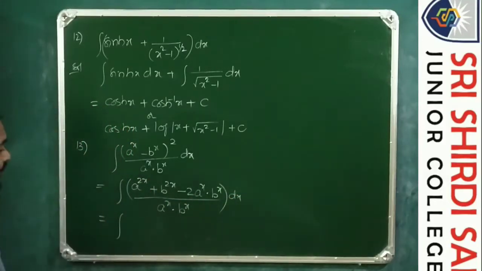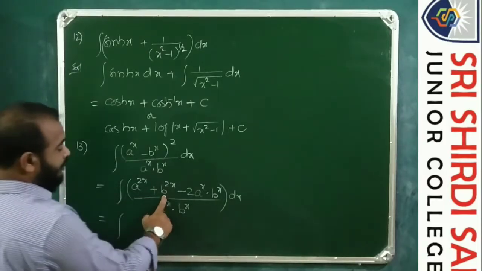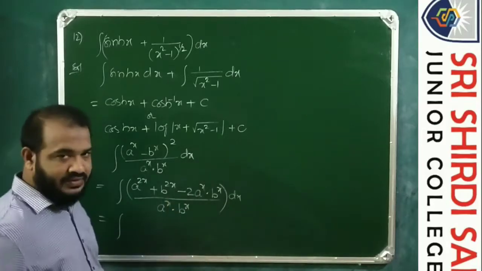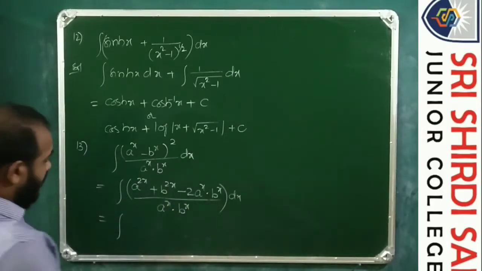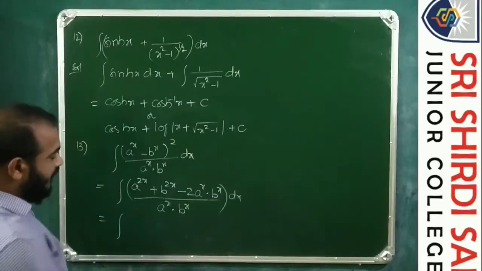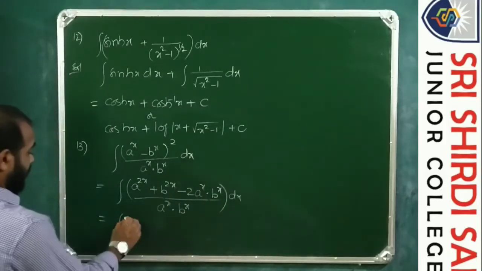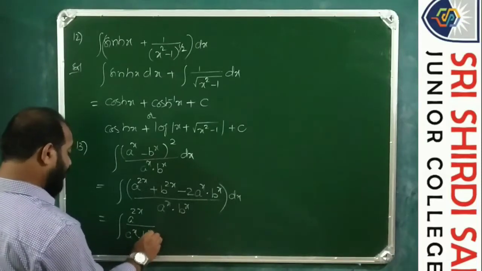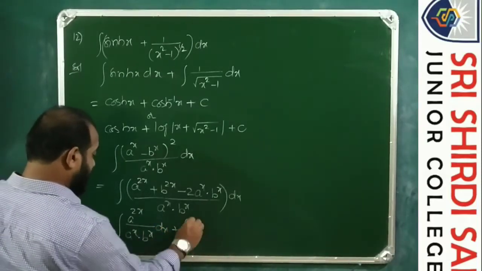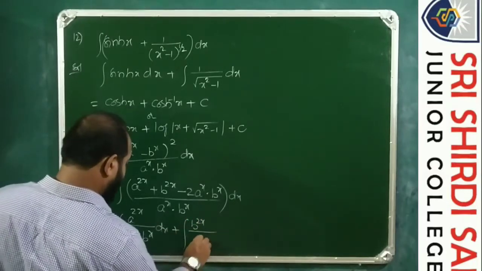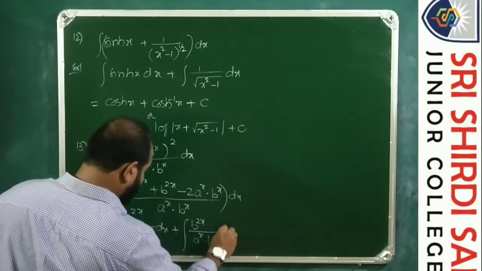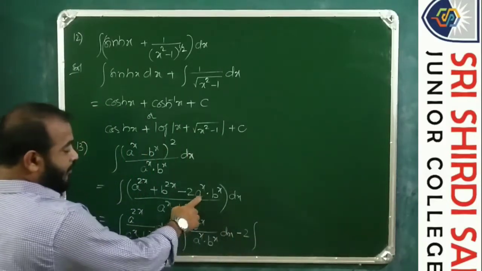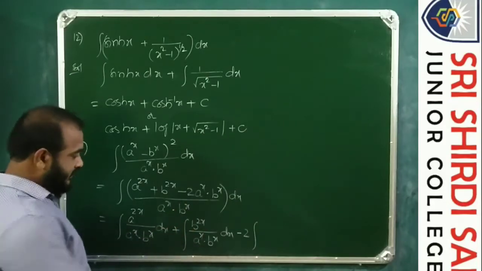This is equal to (a + b − c)/d is a/d plus b/d minus c/d. So the integral dx is to be shared for three functions. So this is a^(2x) by a^x into b^x dx plus b^(2x) by a^x into b^x dx minus 2 a^x into b^x by a^x into b^x gets cancelled.